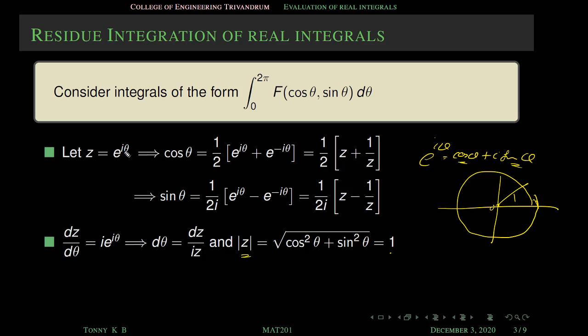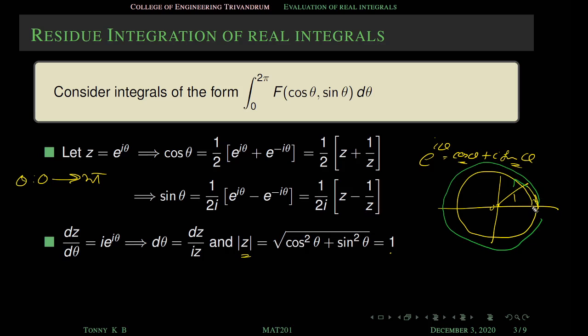That is because whenever theta is varying from 0 to 2 pi, this e raised to i theta is moving like this, in the anti-clockwise sense.